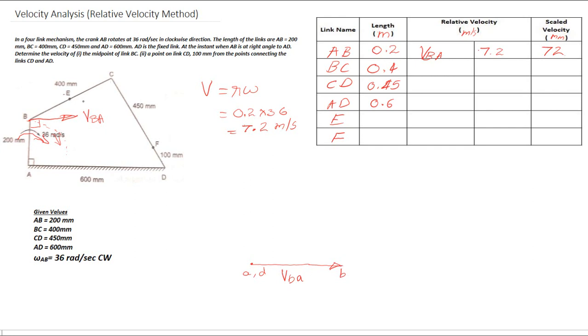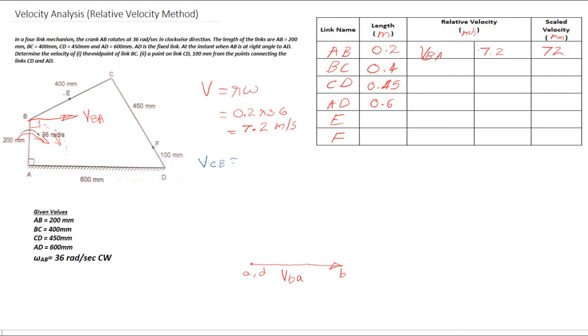Next we have to consider the link BC. So velocity vector VCB, which means velocity of C with respect to B. Next, the magnitude value is actually unknown, we don't know the value, but we know that the direction of this velocity vector will be perpendicular to the link BC.